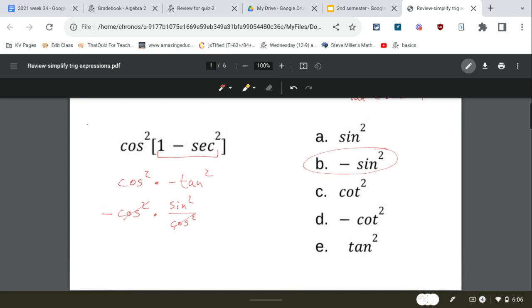All right. I'm going to go ahead and do it one other time, a different way though. So instead of using an identity to replace the 1 minus secant squared, I'm actually just going to distribute this cosine squared inside. So cosine squared times 1 is cosine squared. Cosine squared times secant squared is going to be 1, and that's because those are reciprocals of each other.